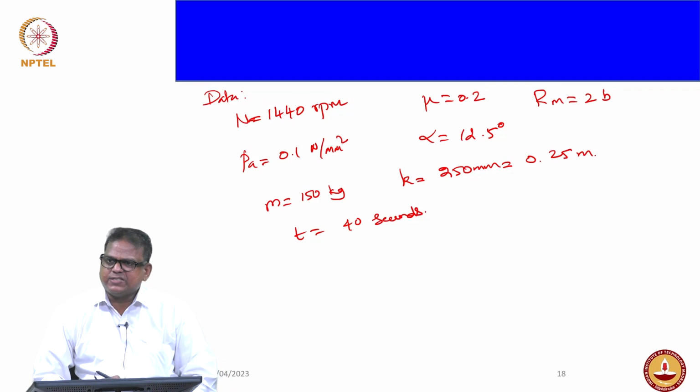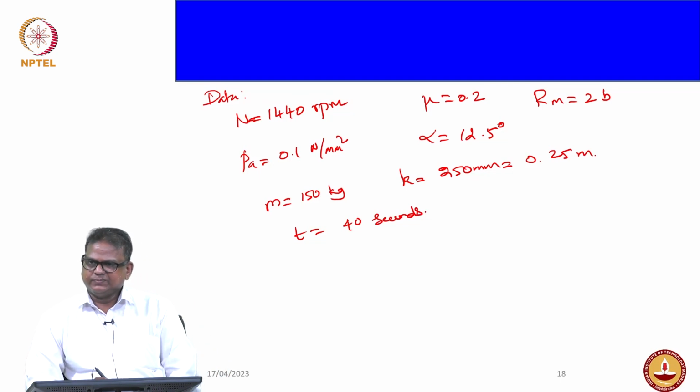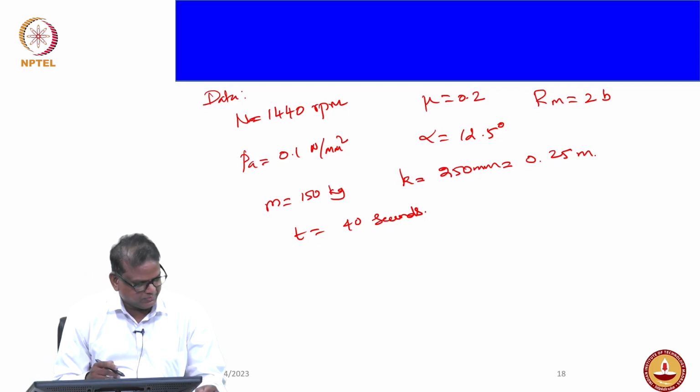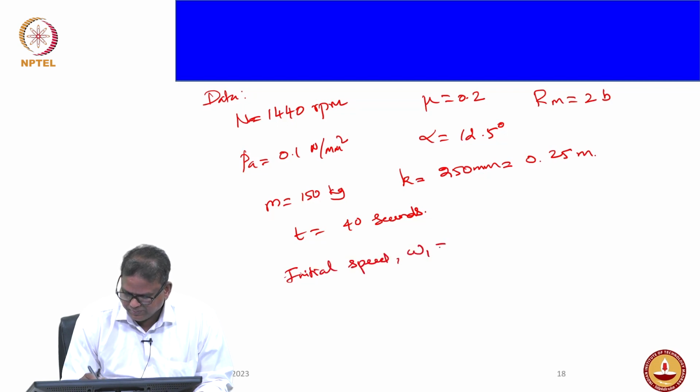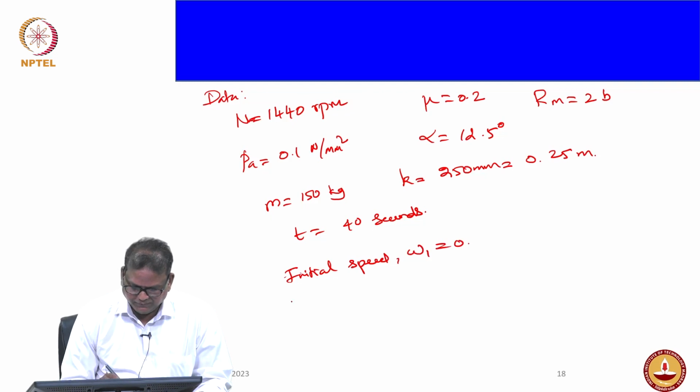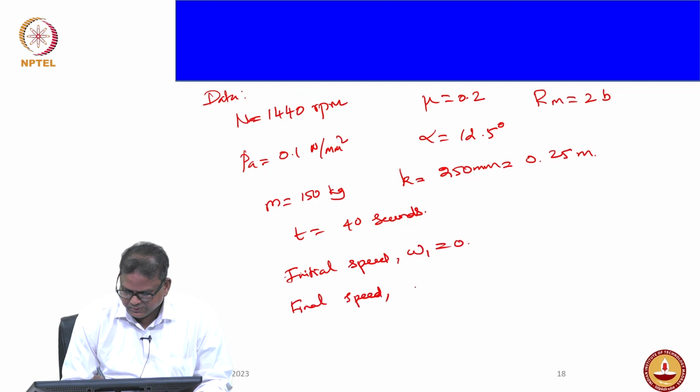What will be the initial speed? It's stationary, right? Initial speed omega 1 equal to 0. Then final speed omega 2 equal to 2 pi N by 60.